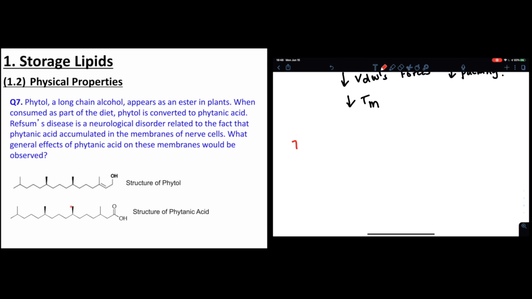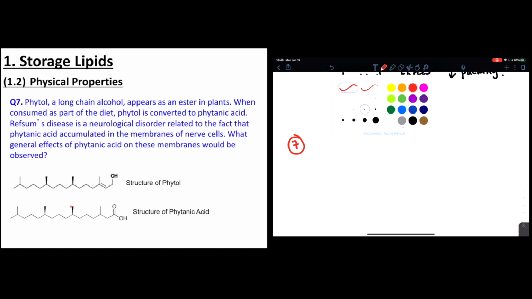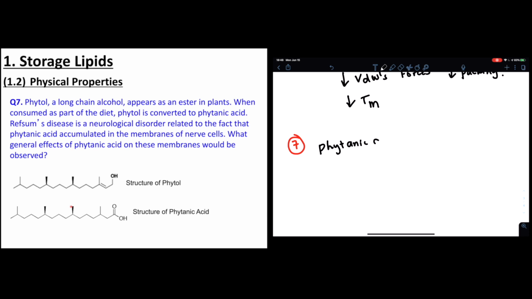So we're going to write this down. This is question 7. So we're going to say that phytanic acid is branched. So it's a branched fatty acid. And what happens is that when it gets into nerve cell membranes, it's going to cause them to almost liquefy, because it's going to decrease the overall melting temperature.